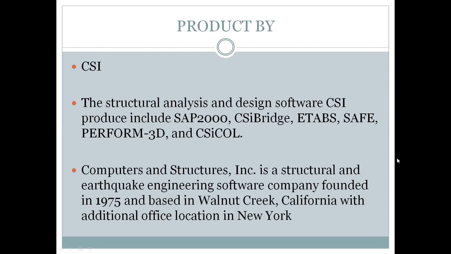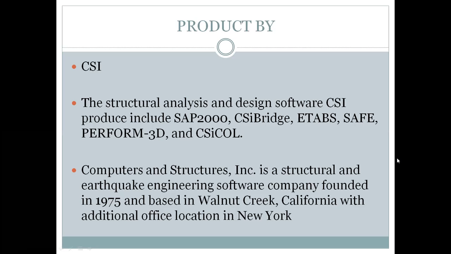Now, why do we have so many products from one particular company? The reason is ETABS is designed in such a way that it can only design buildings, and it does not incur any of the designs related to other miscellaneous topics or other types of infrastructure.